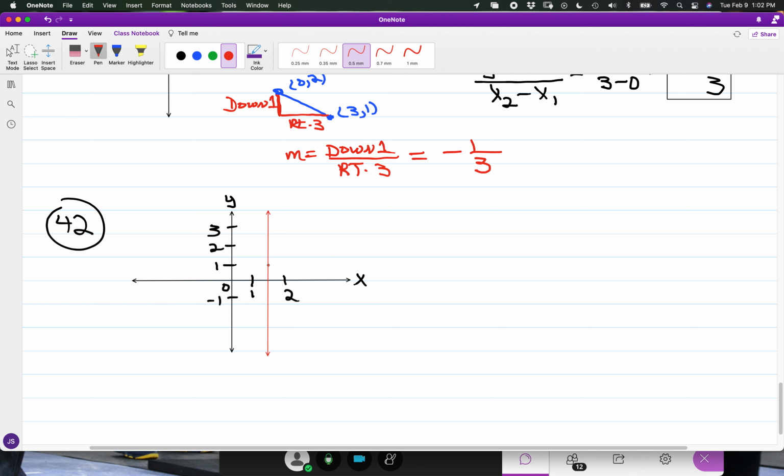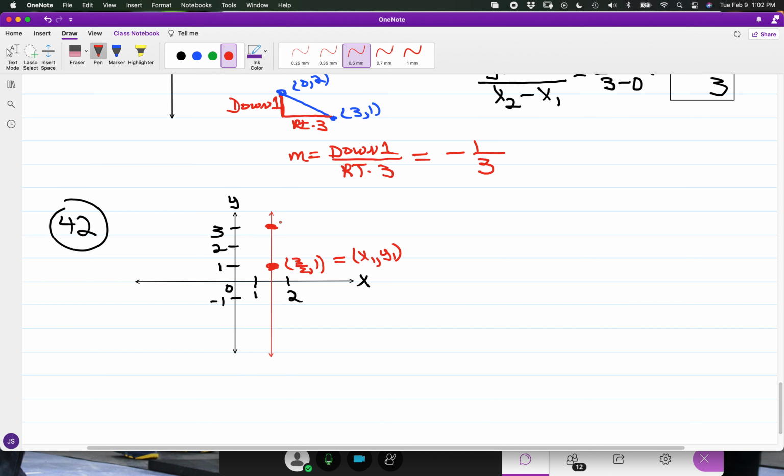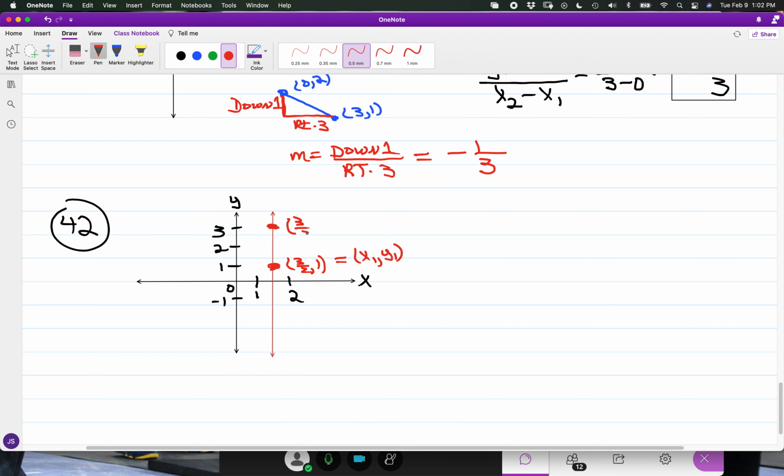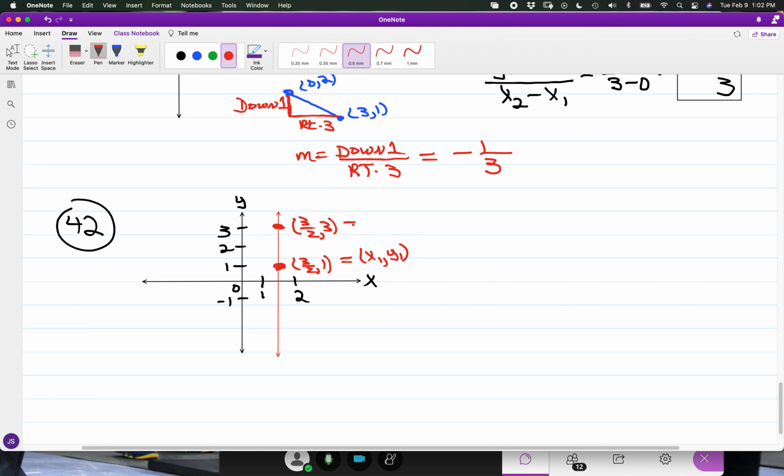Or a way you could look at this, okay, so you can say it's something like 3/2 for x and 1. We can let this be the first set of x and y values. And we'll say we have 3/2 and 3 will be the second set. And so in the case of the slope, we have y2 minus y1 all over x2 minus x1.